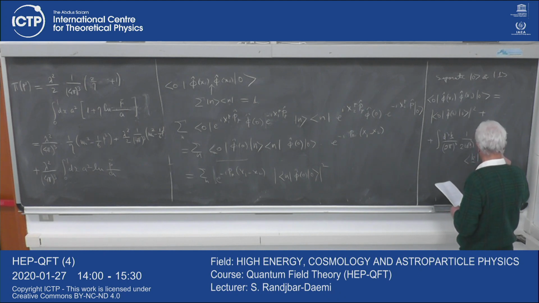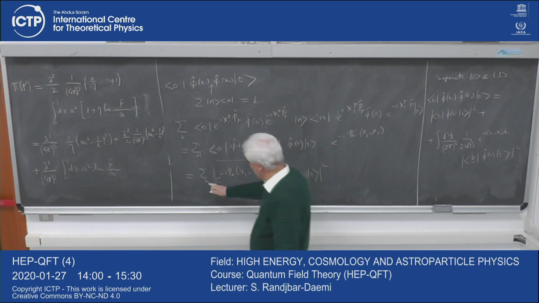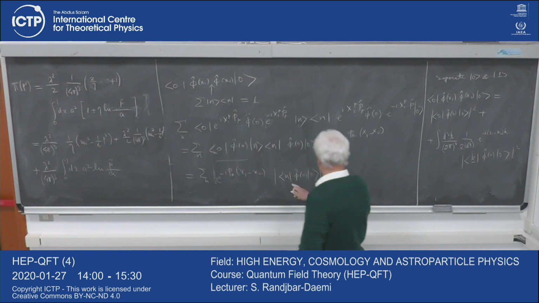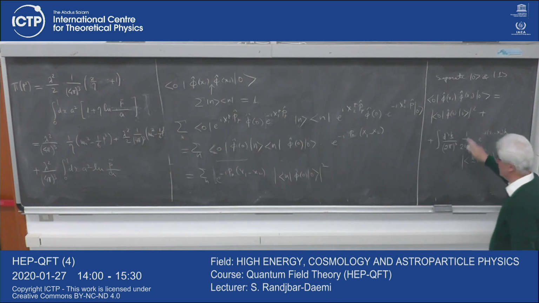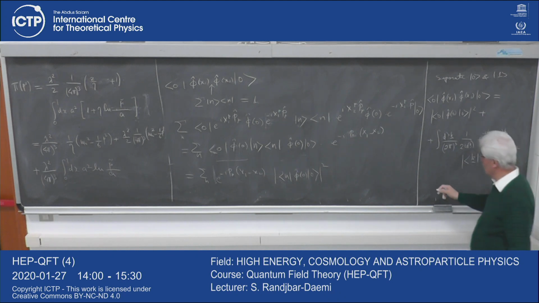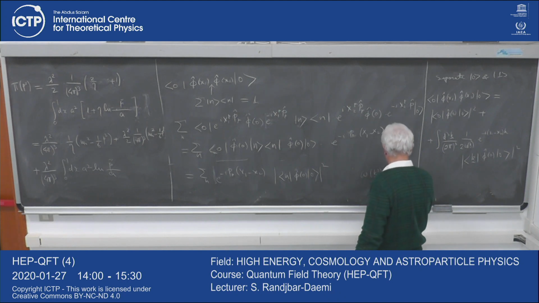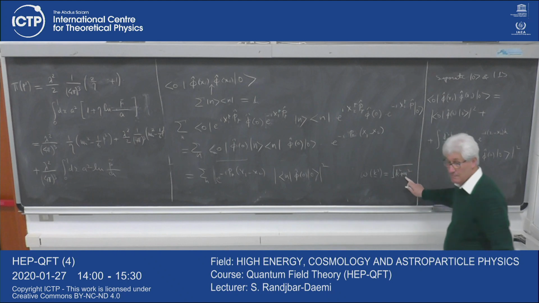Let me first write this. So we are expanding the sum: the ground state, just the ground state I wrote here. The one particle state, the completeness relation is like this. Here, omega squared is the standard thing, except that the mass which enters is the physical mass.